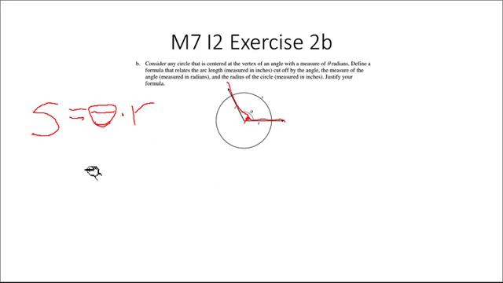But we could also say that for theta in radians, dividing both sides of this by R, it will also be true that theta will equal the length of the arc divided by the radius. And it's important here to consider the functional relationship between these three quantities.